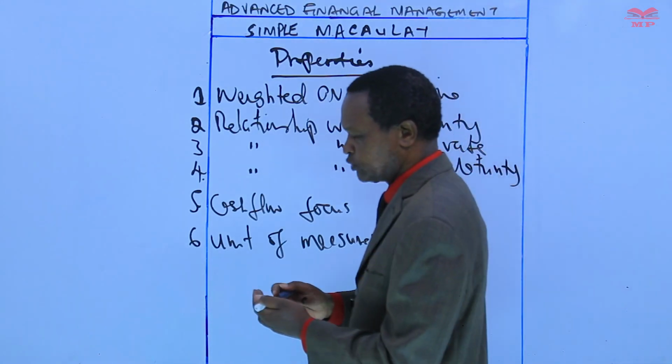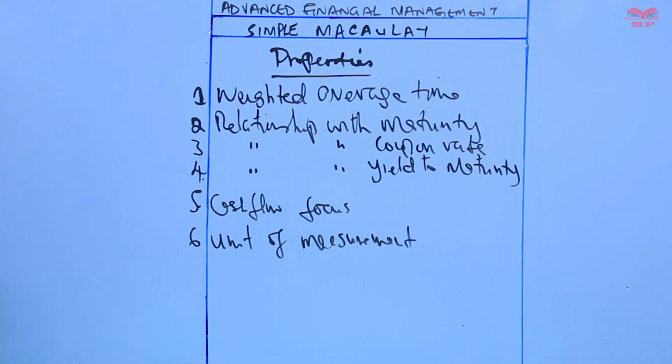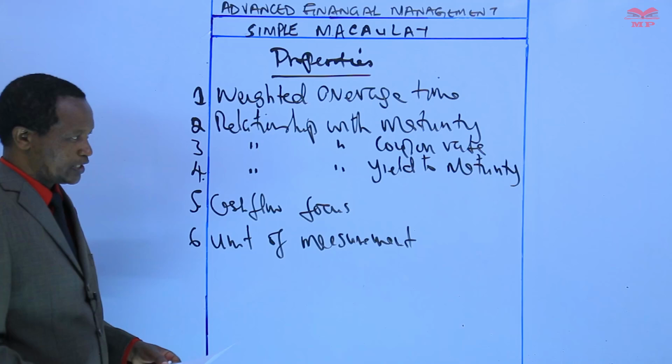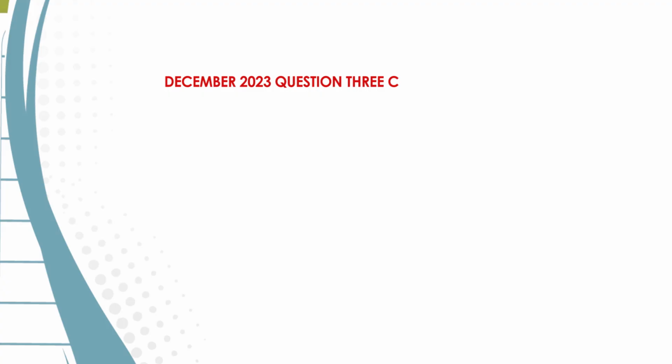Now we are going to take time to answer a question that was tested in December 2023. We're going to work out this question. December 2023 question 3C reads as follows.